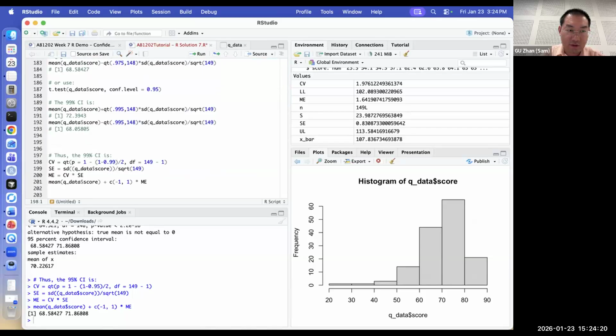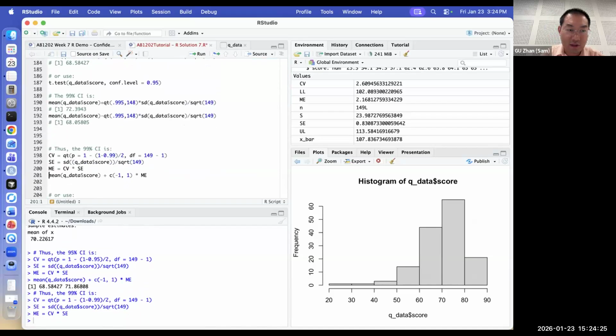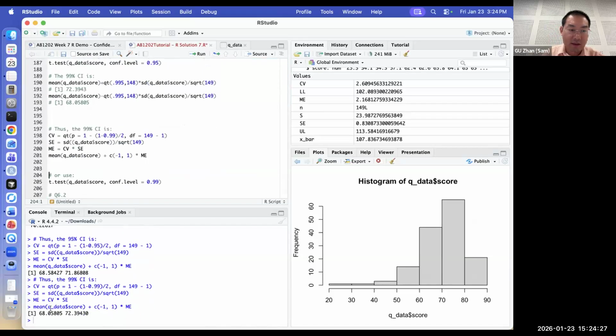Your critical value changes, the standard error doesn't change, the margin of error will change, then the mean value plus or minus it. With 99% confidence, you notice the confidence interval range gets slightly wider.